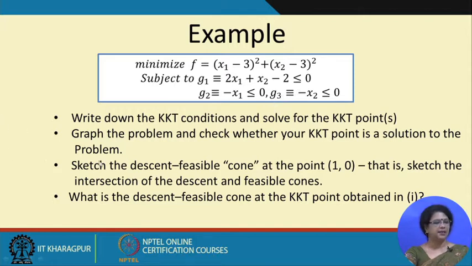And you sketch the graph of it, find the descent cone, find the feasible cone, and get the optimal solution, and see whether the KKT point is obtained in the descent feasible cone or not. All these things please do by hand and try to solve it on your own. Thank you very much for today.